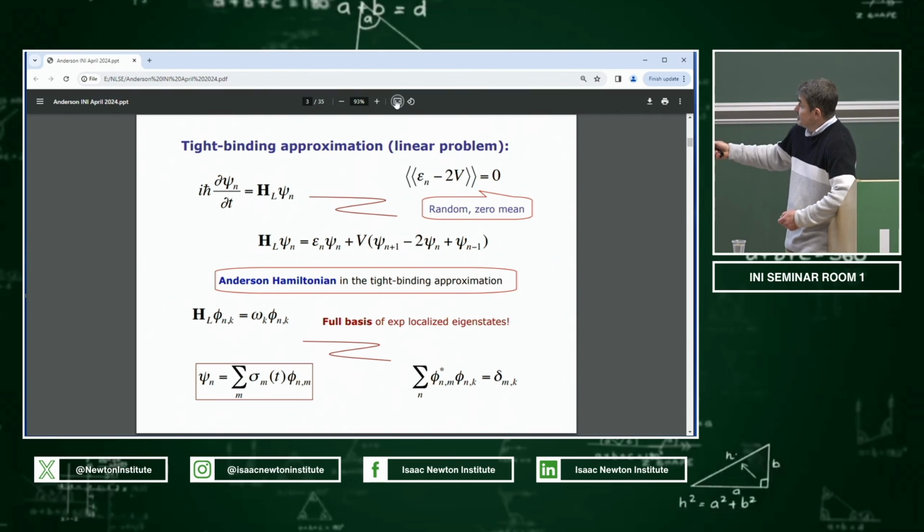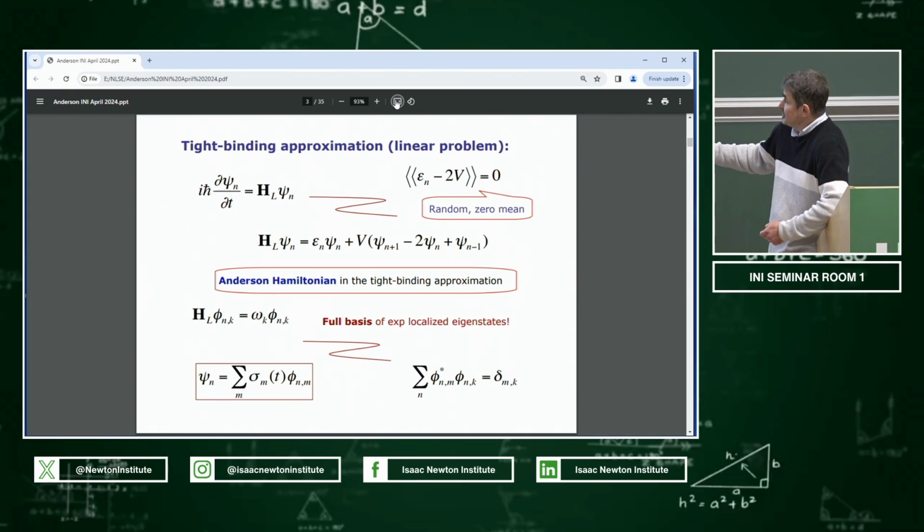You have this term here, which is none other than the Laplacian on a discrete lattice. Then V is the hopping matrix element, and epsilon n is something that emulates the random lattice. This is a set of random numbers which are taken, let's say, with equal probability from a unit energy interval and substituted here. So this is a random thing.